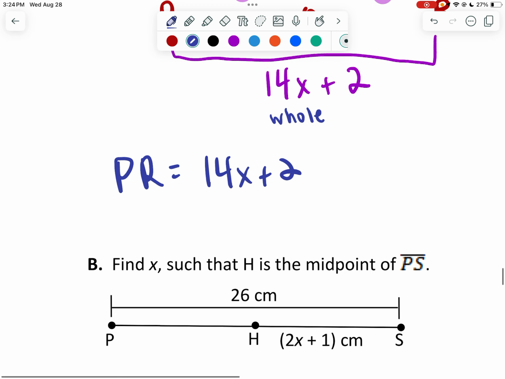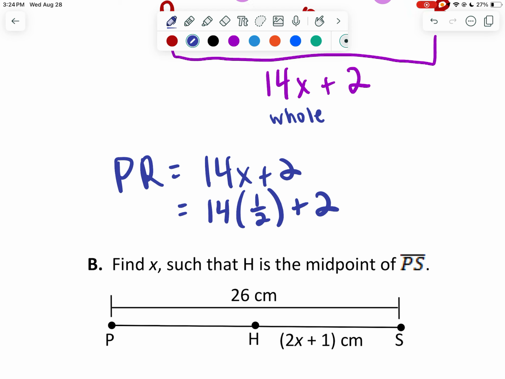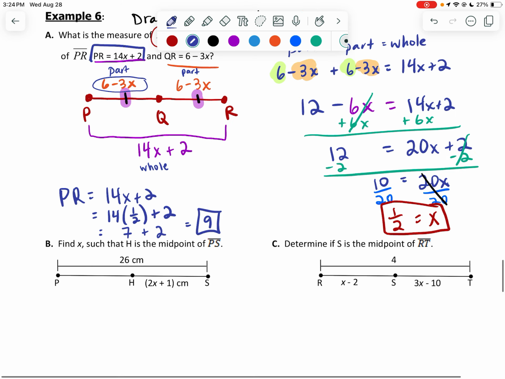It's 1/2 or 0.5. So we can go to our calculator and plug that in. You guys could do that in Desmos right now. Use your fraction button. So 14 times 1/2, that's 7. That means half of 14 plus 2. So 9 would be the final answer. So that's PR. Okay, PR equals 9.